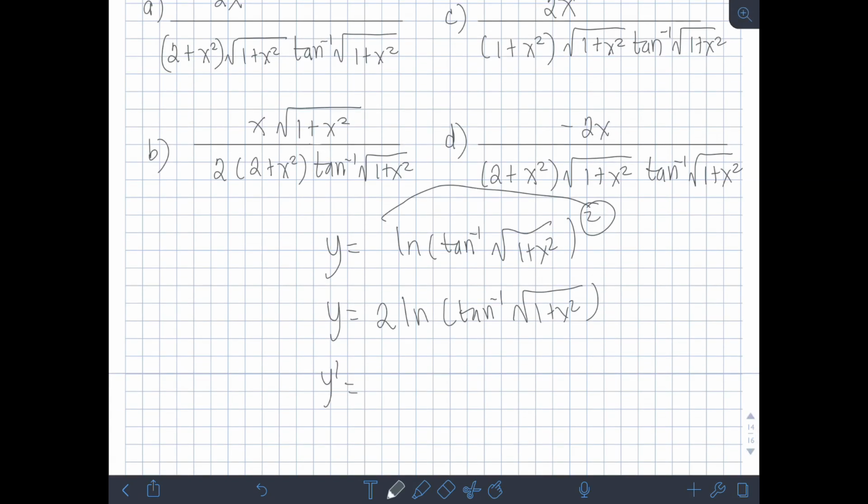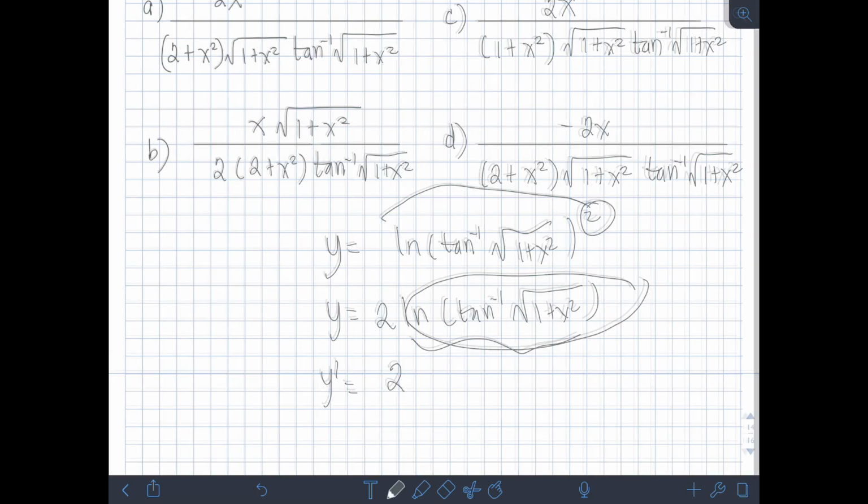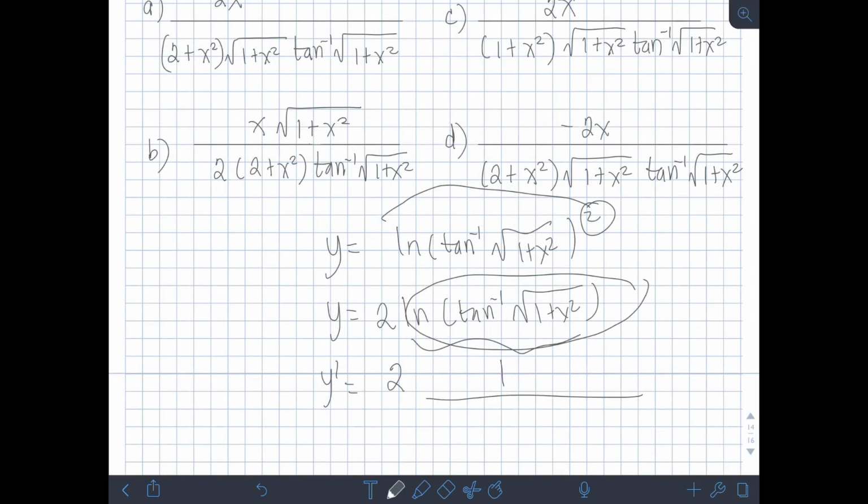So, y prime is equal to, yung constant na 2, igilid lang natin. And then, derivative natin itong ln. So, di ba yung derivative ng ln u is 1 over u times derivative ng u. So, parang 1 over yung u natin ay itong kabuuang arctan of square root of 1 plus x squared. And then, derivative pa natin itong u na 'to.